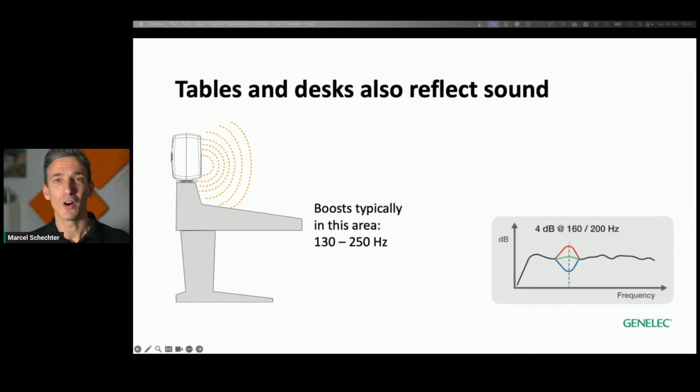As I said, it's not only about large surfaces like walls, it's also about desks and consoles. And because consoles on desks have a different dimension compared to a wall, it's also a different frequency range that is somehow affected. So for desks, it's usually around something like we wrote down 130 to 250. This is a typical range.